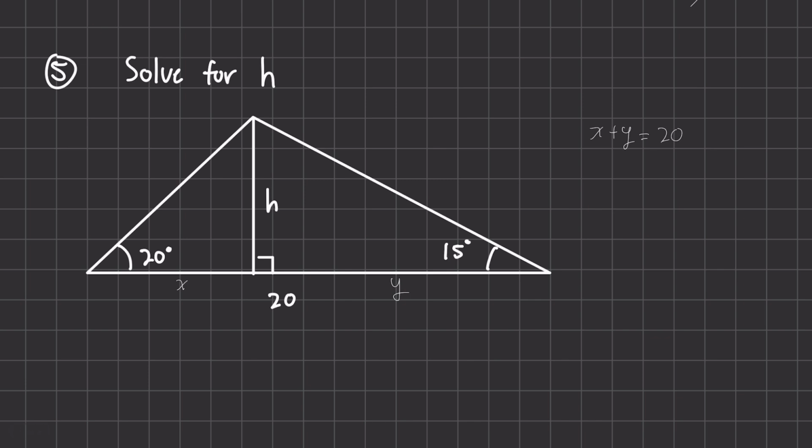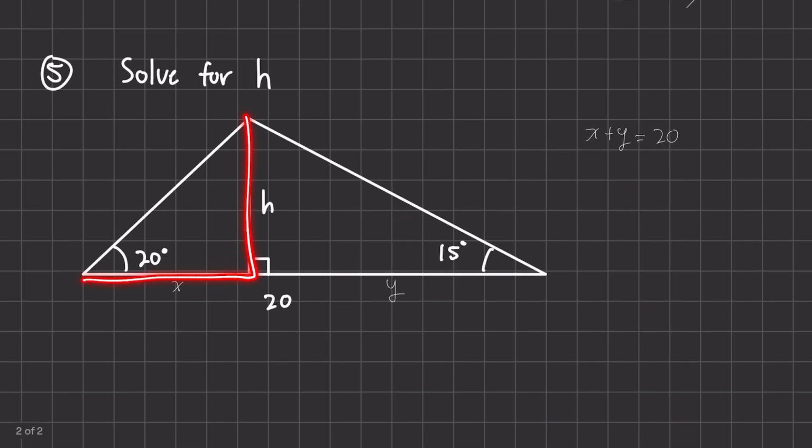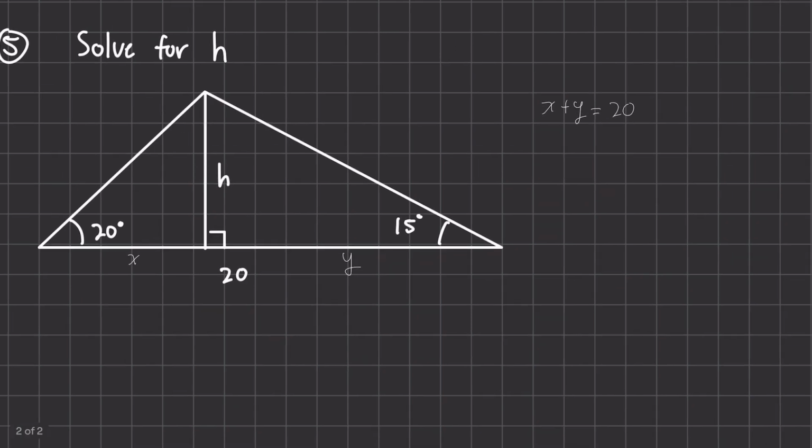Now there, if we have x and y, and we know that there's a right angle here, we can simply use trig ratios that both involve h, x, and y. So starting with this triangle, looking at angle 20, h is opposite and x is adjacent, which means we must use the tangent function.